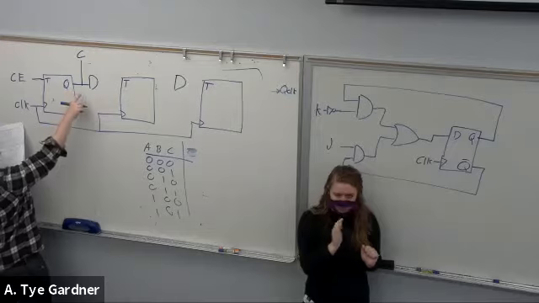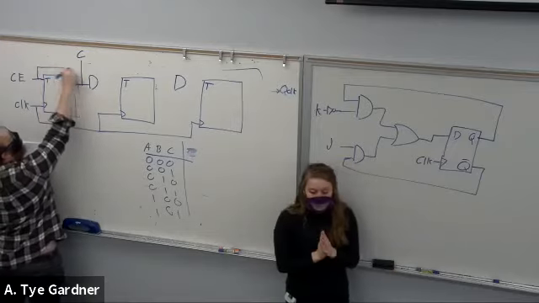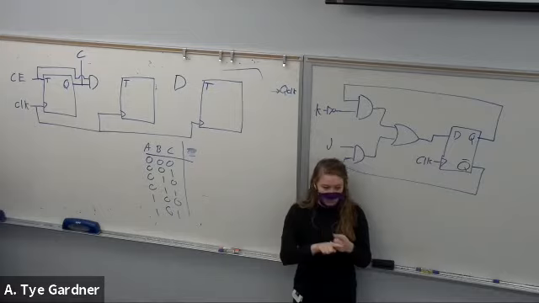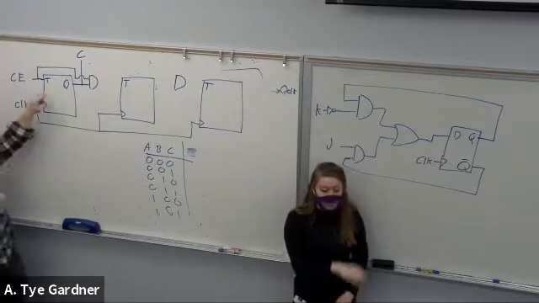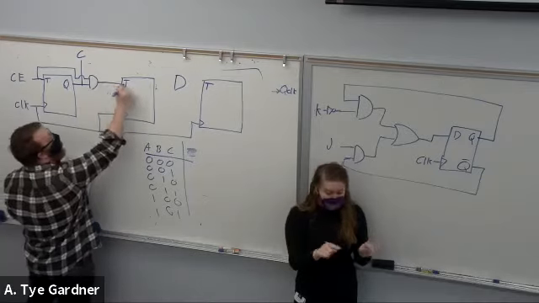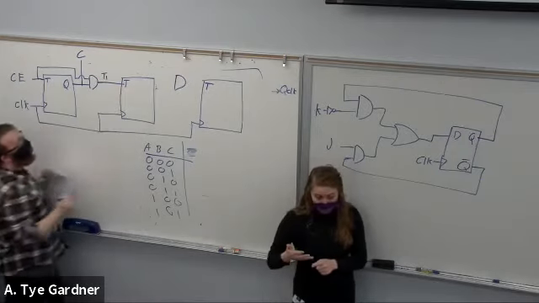Okay, and then I also want to feed this clock enable around to the AND gate. So only when clock enable and Q are both true do I toggle what I'm going to call a signal T1.